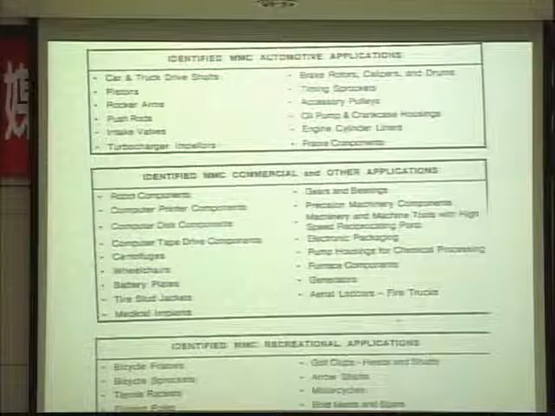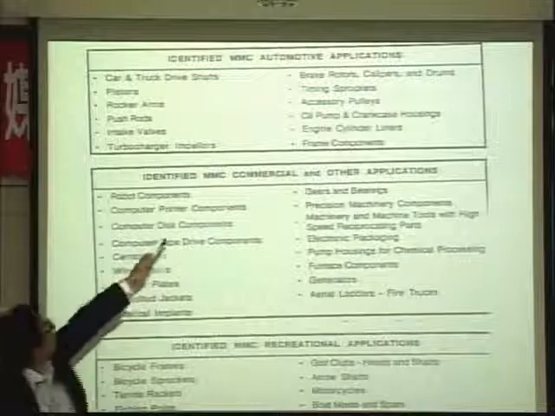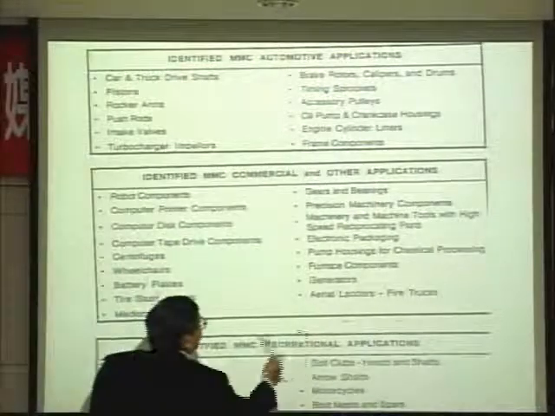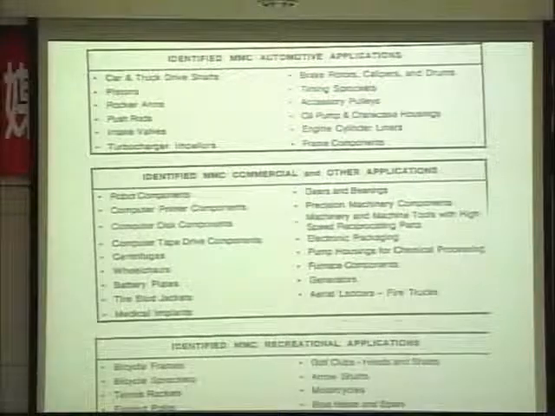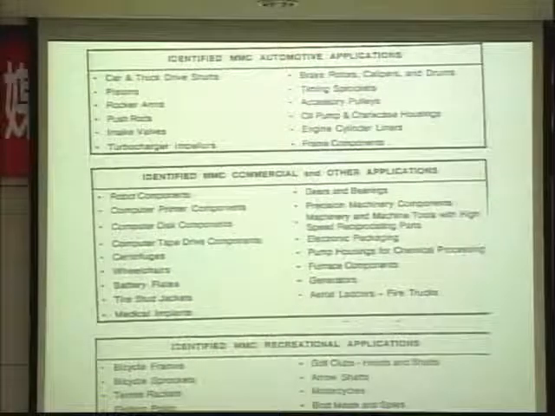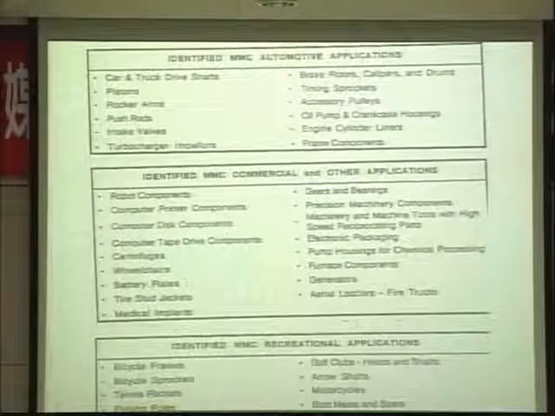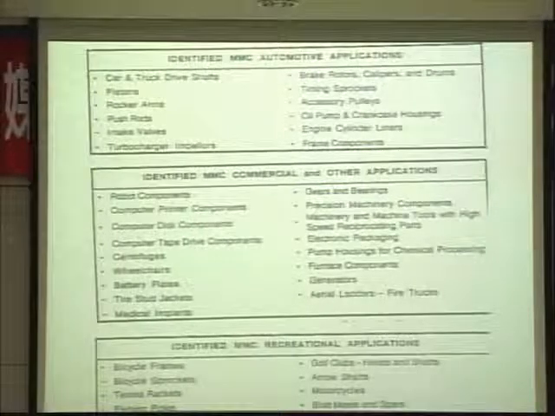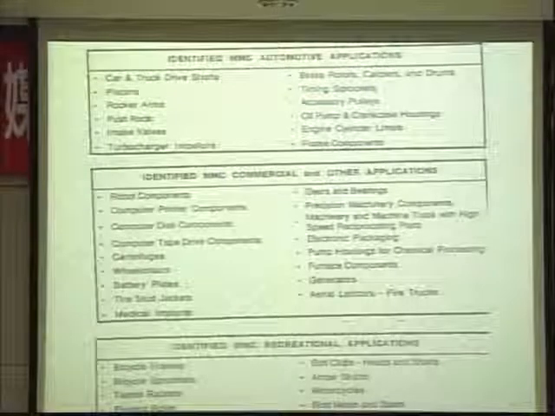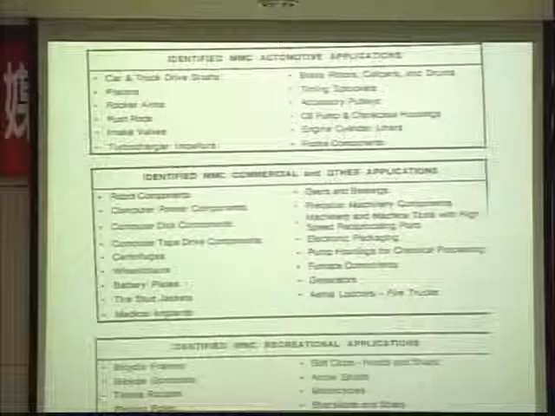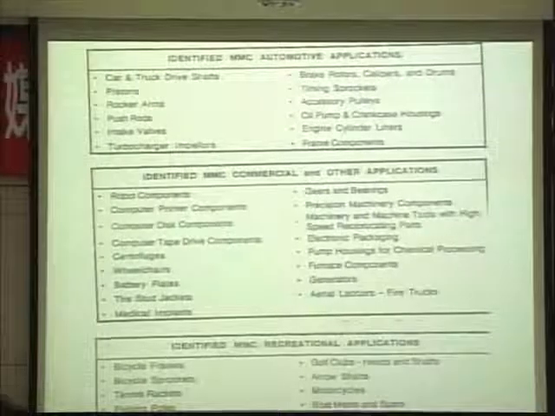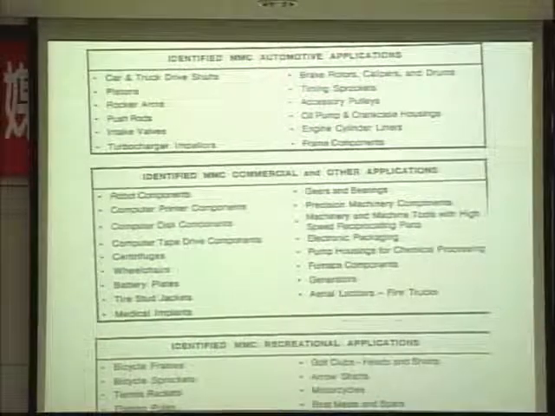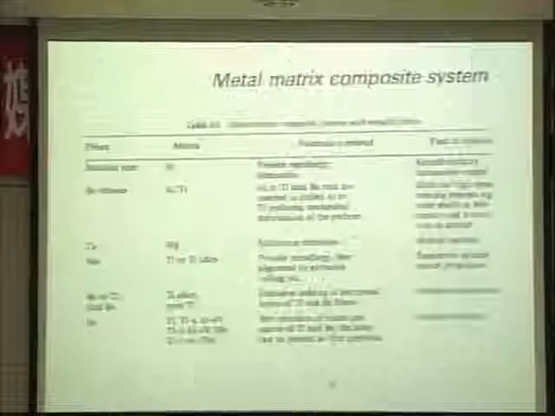Application area, commercial and other application. One very important application is recreational. That is like a tennis racket, bicycle, ski that they need to use, and like baseball bat, boat. It gives you lightweight, high strength.